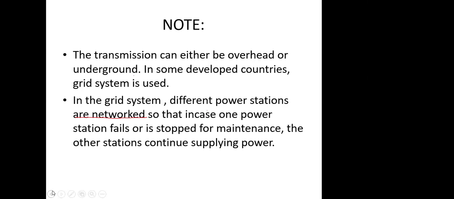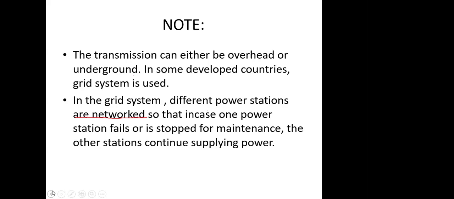But if it was on the grid system of transmission of power, what they do is they network. The power stations are on a certain network, or they are interconnected, such that in case one fails to work, then the other can supply power.